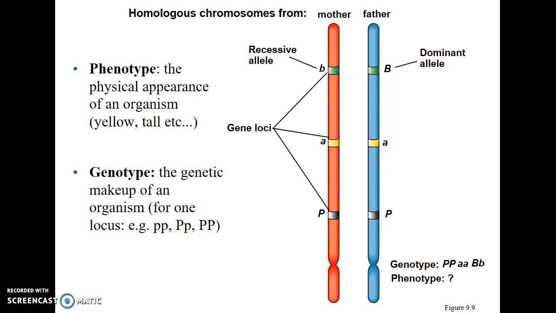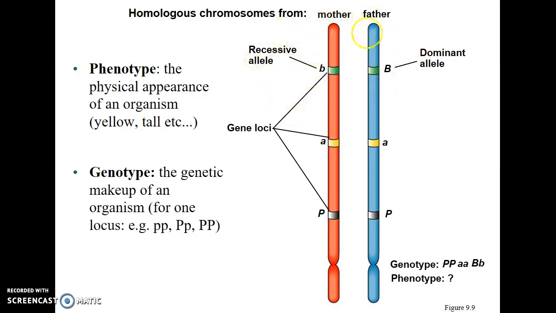If we have the standard human karyotype, homologous chromosomes have corresponding genetic sequences, but they may have different variations for each trait. So a locus would be a specific location on a chromosome that has a specific sequence of nitrogenous bases, and that in turn is going to influence what traits we actually have.